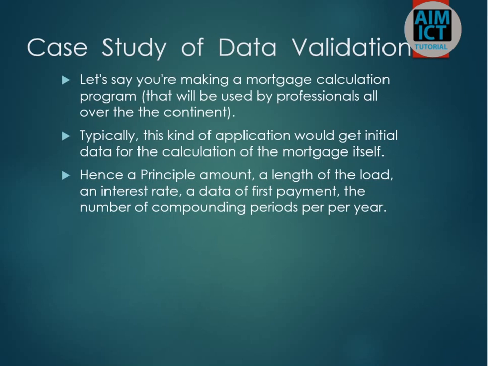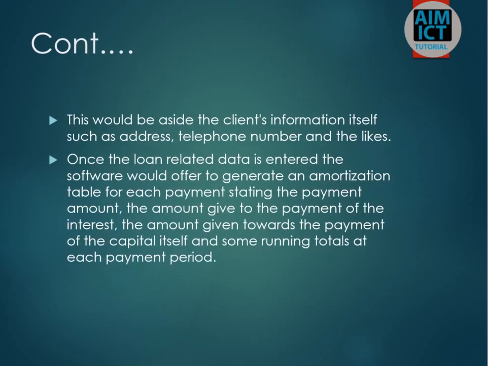This will be accompanied by the client information itself, such as address, telephone number, and the like. Once the loan related data is entered, the software will offer to generate an amortization table for each payment, showing the amount given to the payment of the interest, the amount given toward the payment of the capital itself, and some running totals at each period.